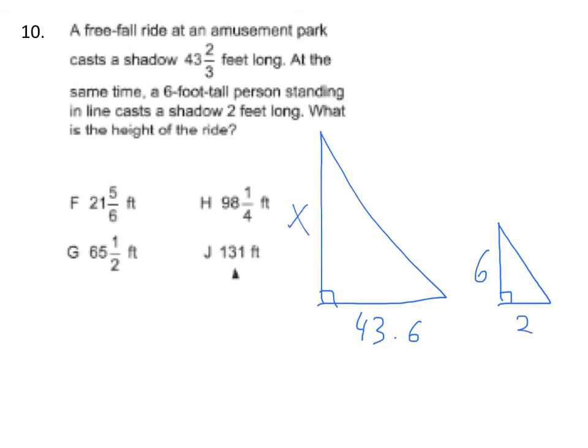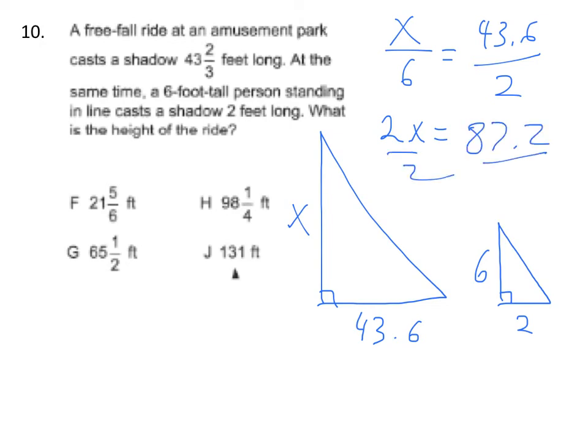So we're going to write the ratios. X over 6, because those are corresponding parts, equals 43.6 over 2. Cross multiply, solve for x. We get 2x equals, what would that be, roughly 87.2. Divide by 2, and you get roughly, let's see, I did something wrong here, didn't I?